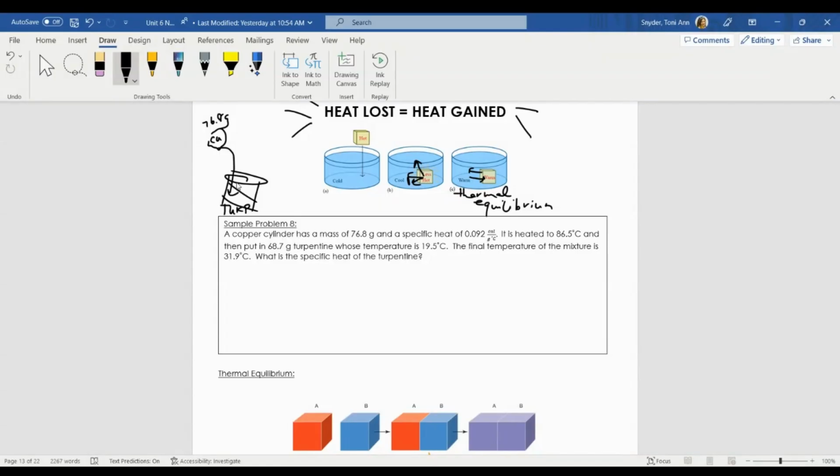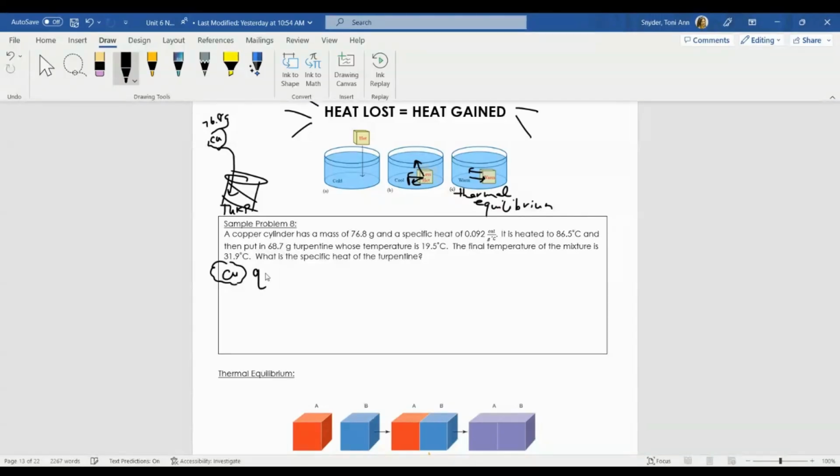What we can do first is figure out how much energy the copper lost. Okay, so I know a lot more information for the copper than I do the turpentine. So I could use Q equals m c delta T here.